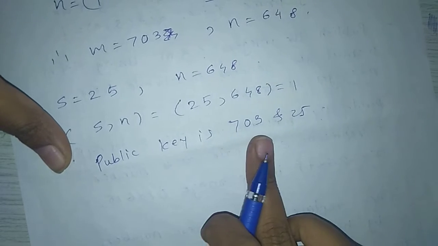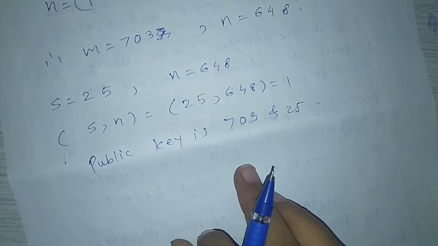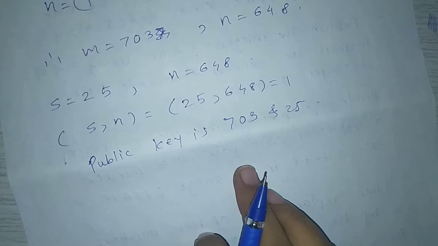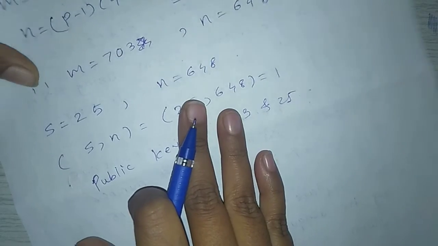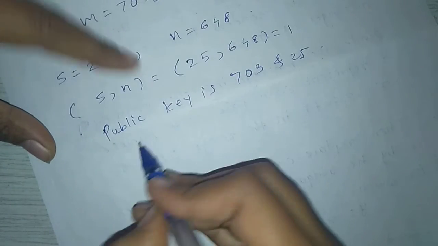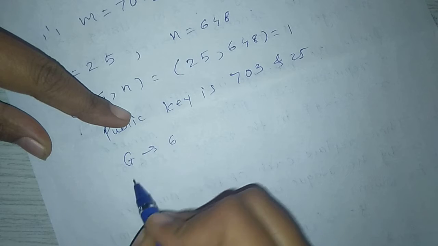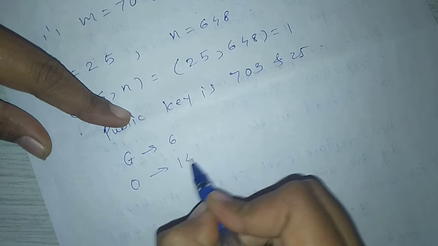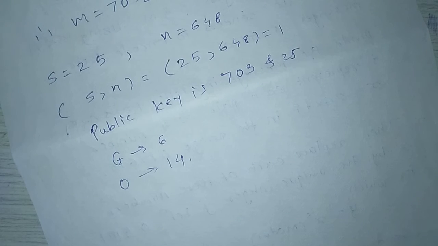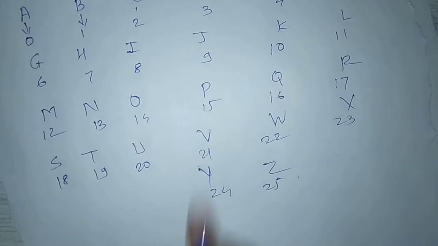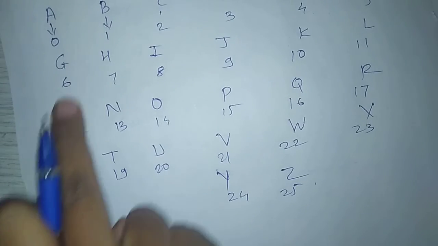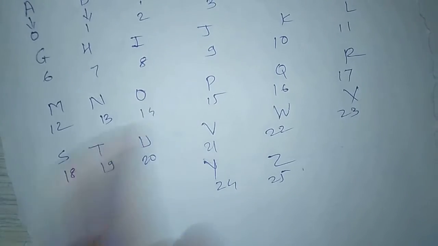Public key is 703 and 25. Now we know that the alphabet G is represented by 6 and O is represented by 14.